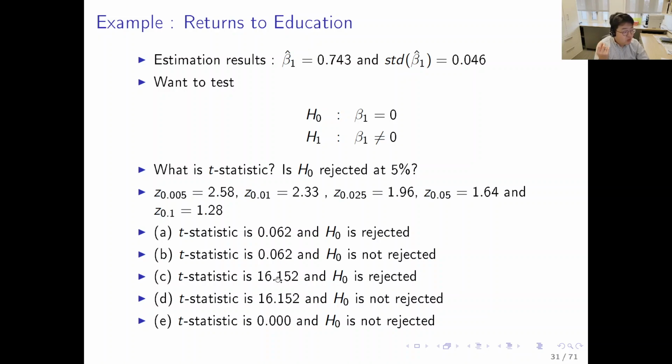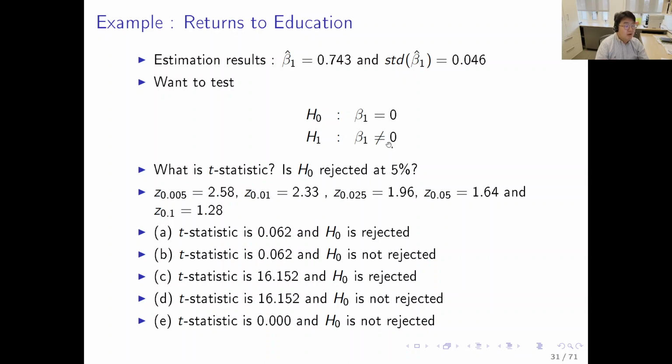That will give you 16 something, right? If this t-statistic is close to 0, then you don't need to reject the null hypothesis because the difference is small. But if the difference is too large, then your hypothesis is not consistent with your data, so you have to reject your null hypothesis.